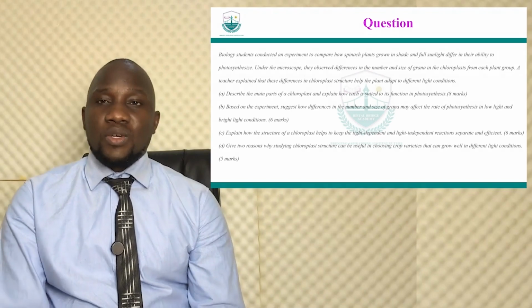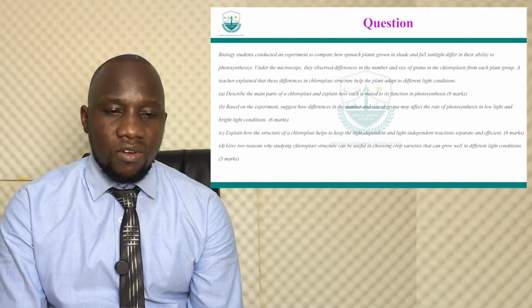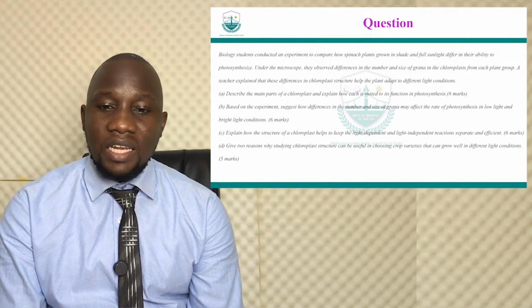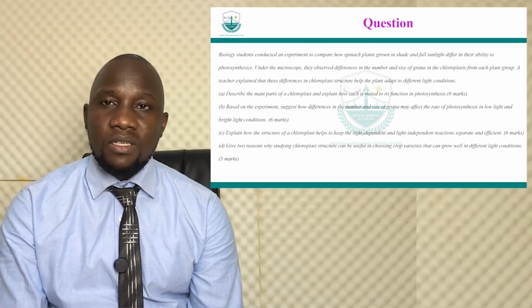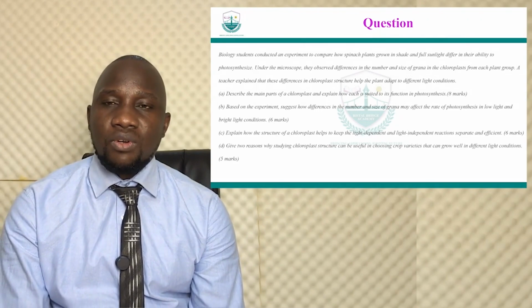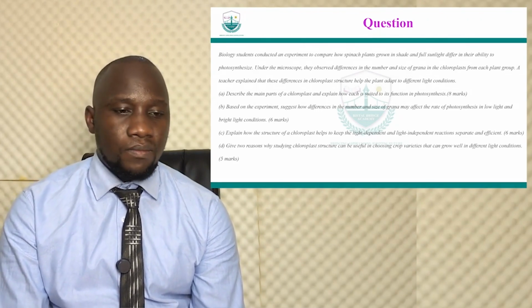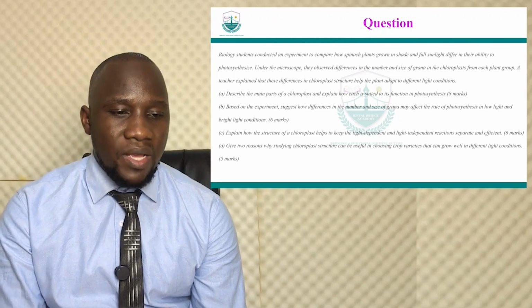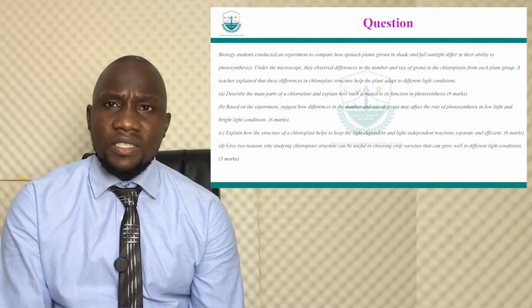So they want to look at the structures of the chloroplasts. Can you describe the main structures of the chloroplasts, I think you can do that, and how they are suited for their function. You should talk about the chlorophyll, the grana, the enzymes, the compartmentalization, and things like that. And then based on the experiment, can you predict or suggest the differences that you could see?